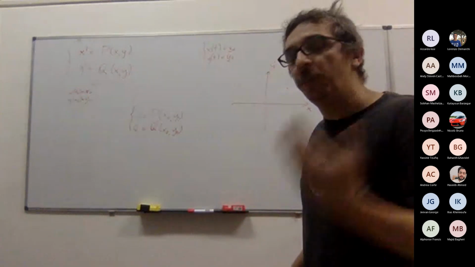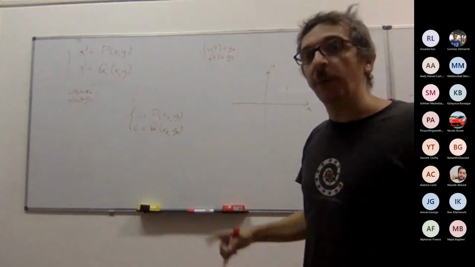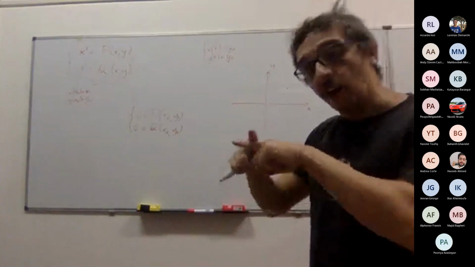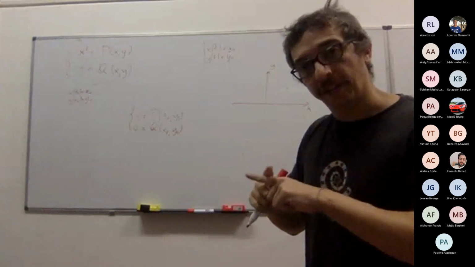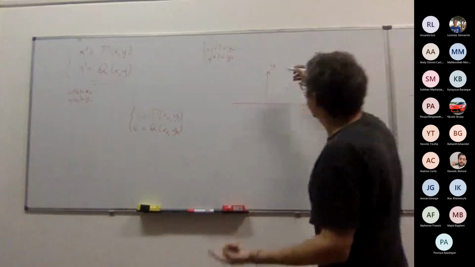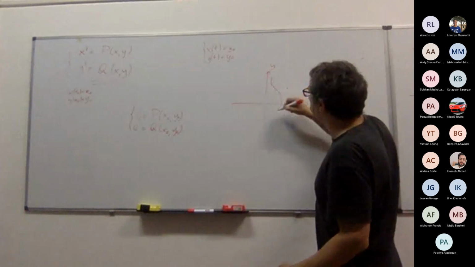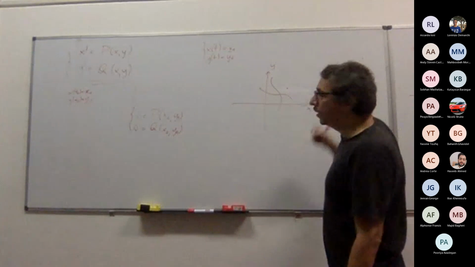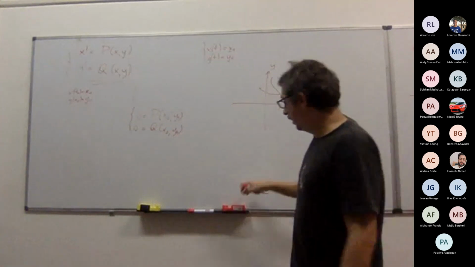What did we say about orbits? Do you remember? We said that orbits, because of existence and uniqueness, cannot intersect. What does this mean? This means that if I have two orbits which are solving this system, this cannot happen.